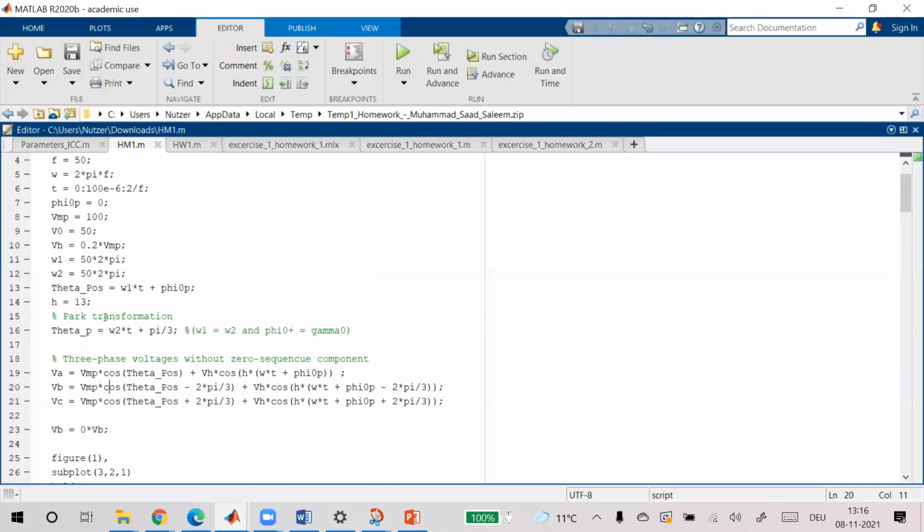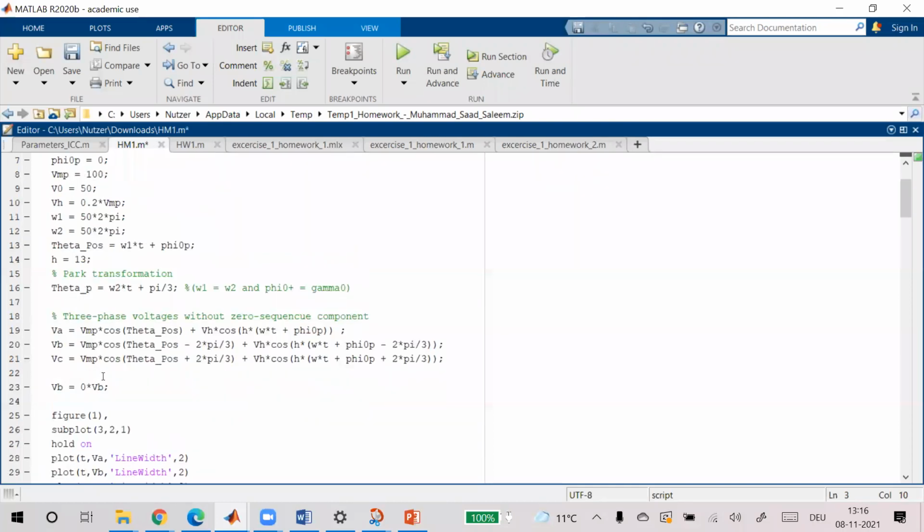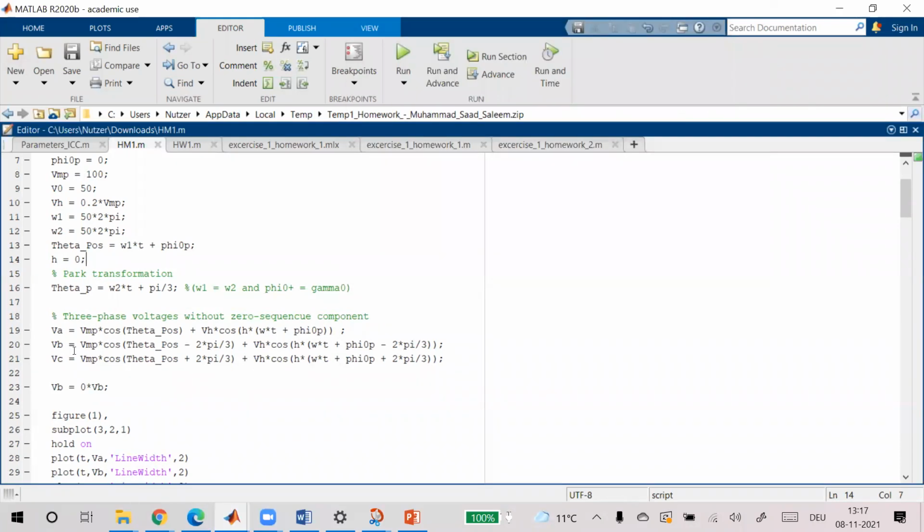Let me remove the harmonics. Now I want to close the graph and remove the harmonics. So you see like this. Now let's have the fault not in the B phase, but in the C phase.